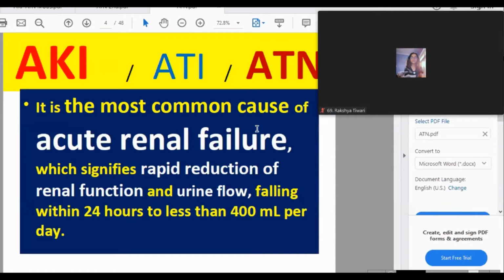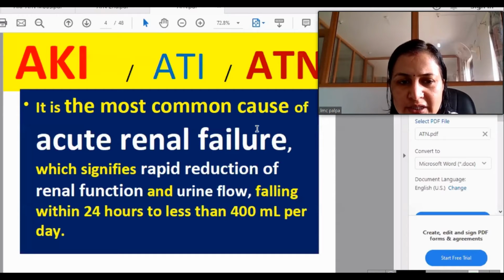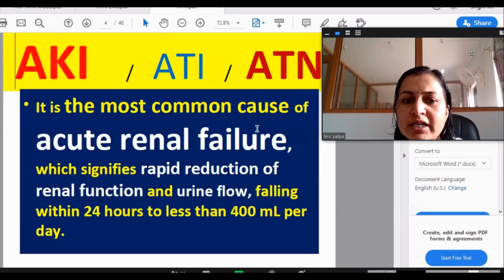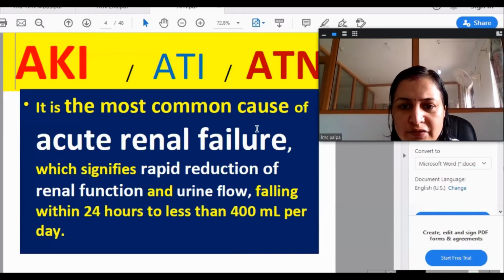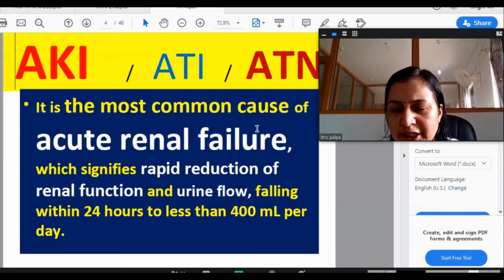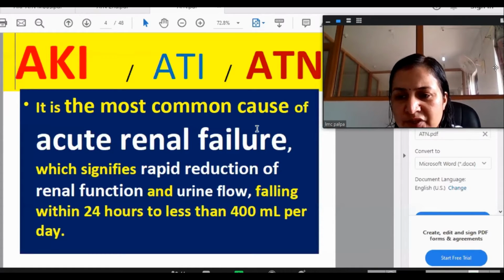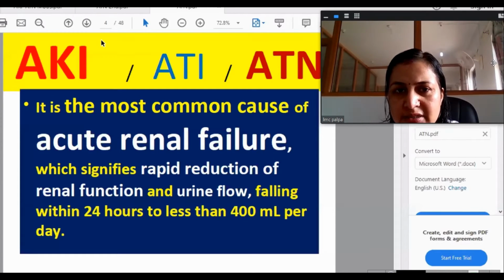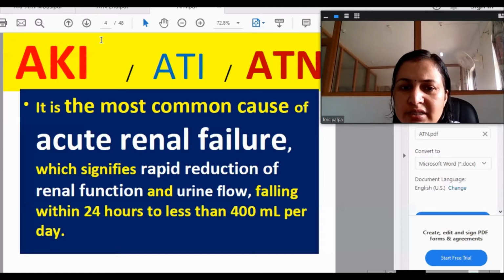This ATN is the most common cause of acute renal failure, and this signifies acute reduction of renal function and urinary flow. Within 24 hours, there is less than 400 ml of urine per day. The patient was previously all right, had some condition, some disease or illness in which there was rapid reduction of the renal function.